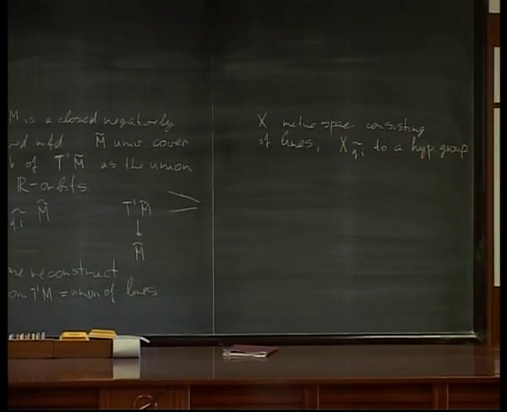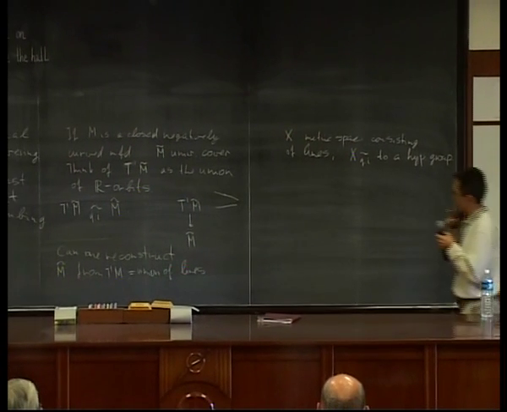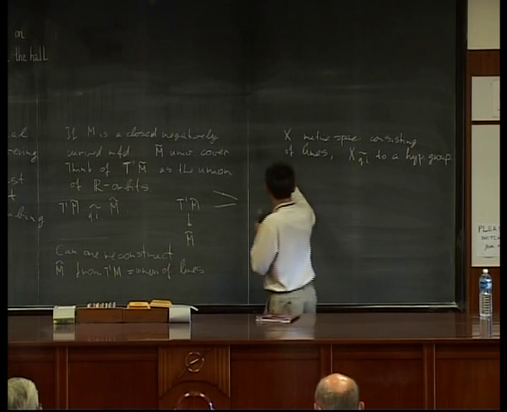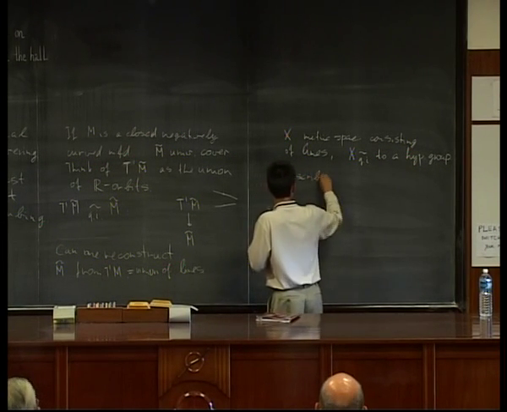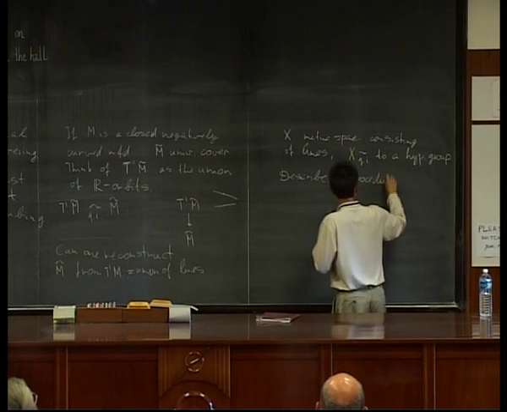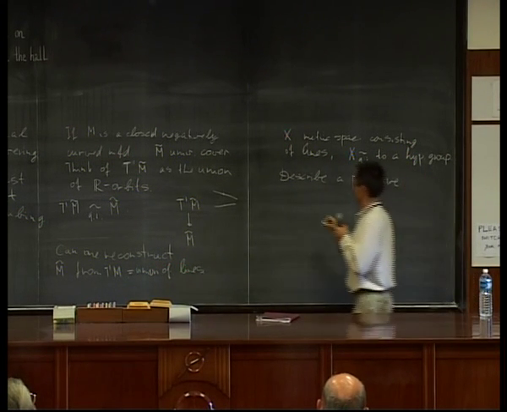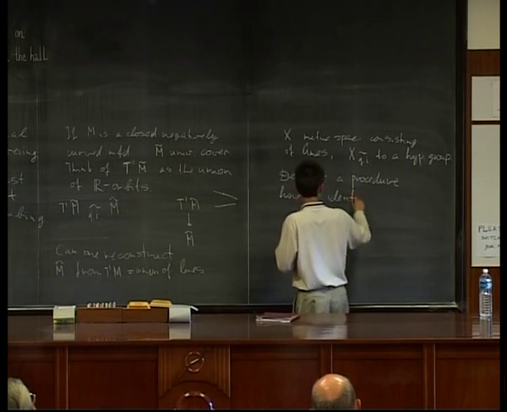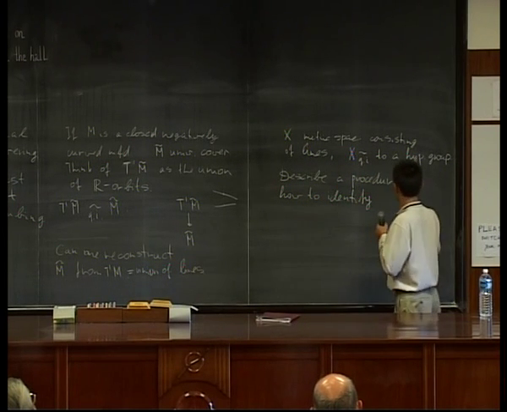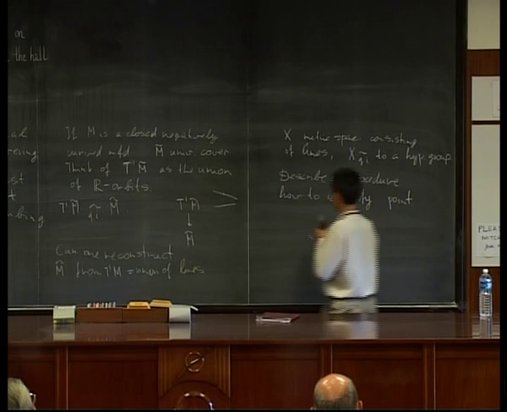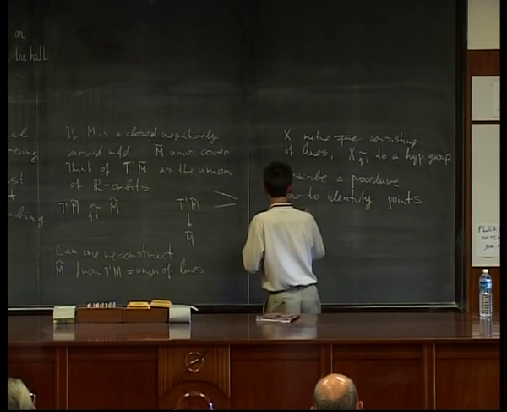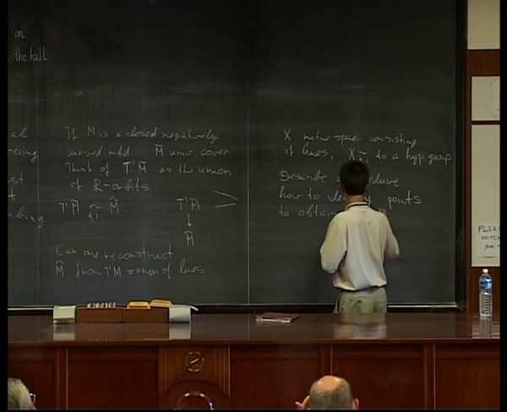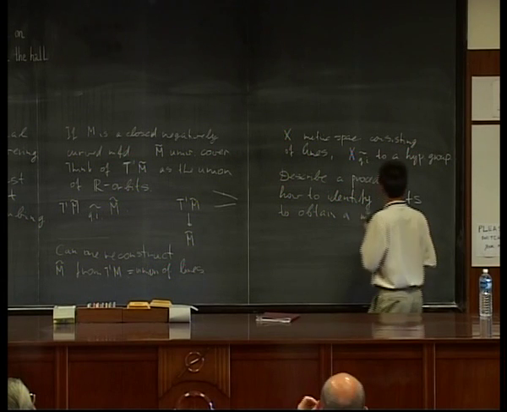Then can you describe a procedure that would tell you which points to identify on the lines to obtain a manifold back?